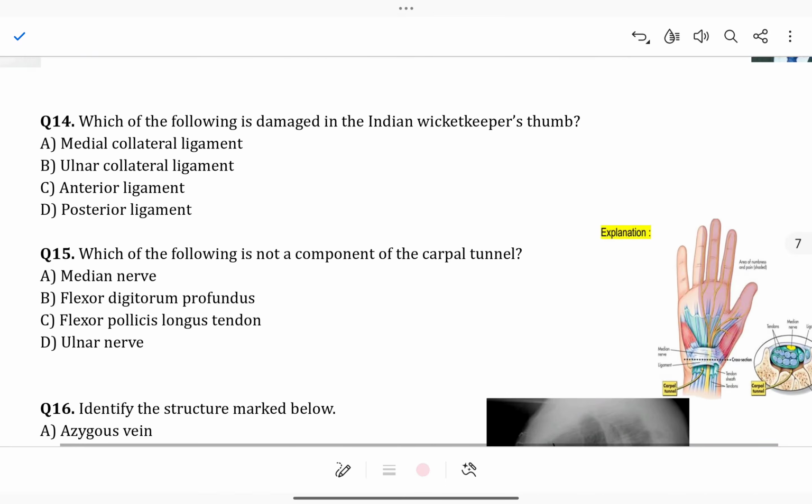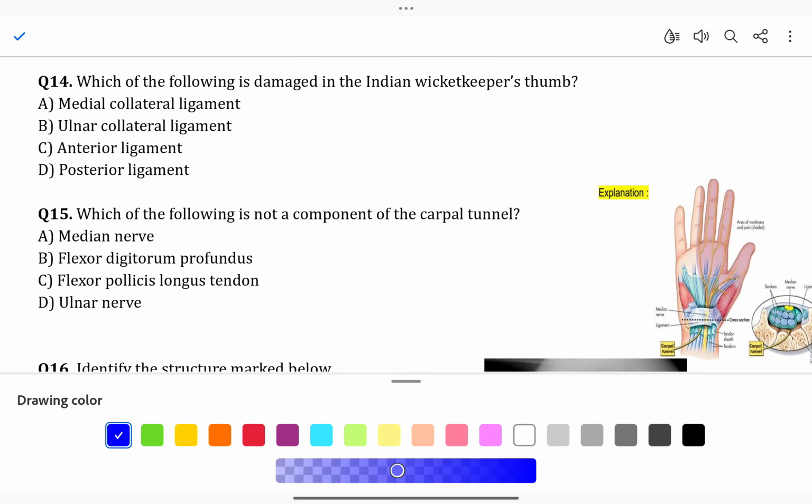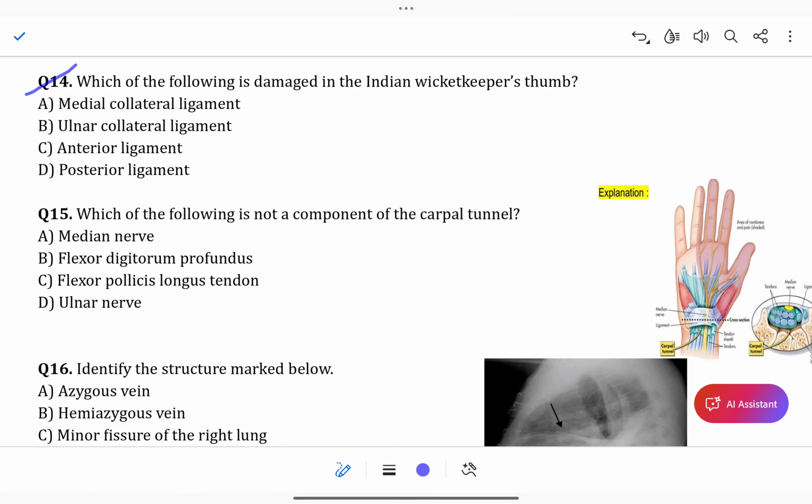Come to question number 14. Which of the following is damaged in the Indian wicket keeper's thumb?